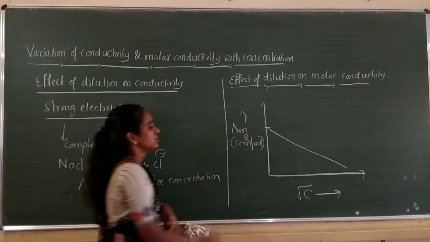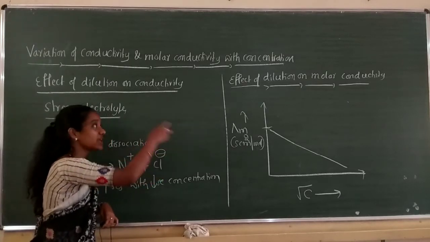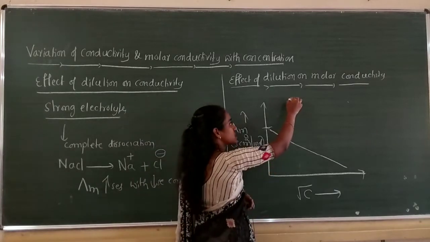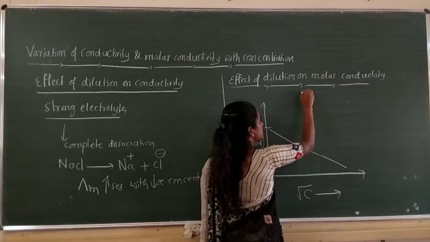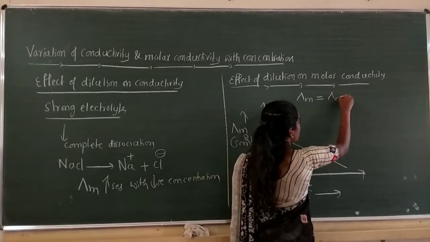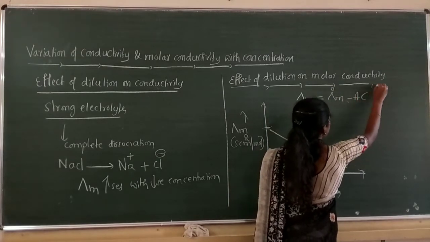Now, the effect of dilution on molar conductivity in case of strong electrolytes can be expressed by one equation that is given by lambda m is equal to lambda m naught minus A into C to the power half.